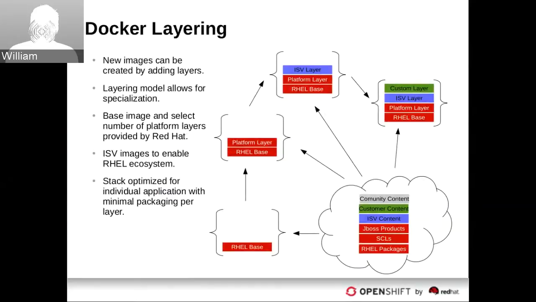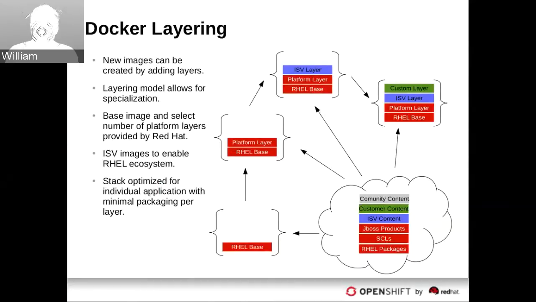Okay, so why does this become cool? Well, it becomes cool because people like ISVs can do some fun stuff. You get your RHEL base, then you might add your platform layer. Maybe that's JBoss, or maybe it's some Fuse components, etc. Then your ISV turns around and adds their layer in, their particular application.